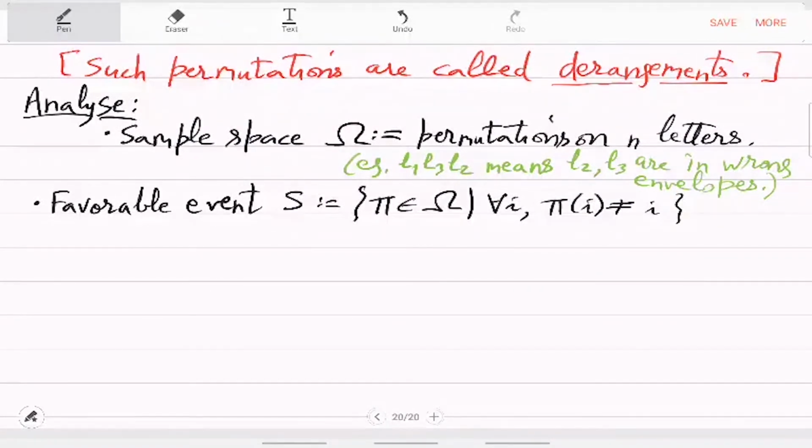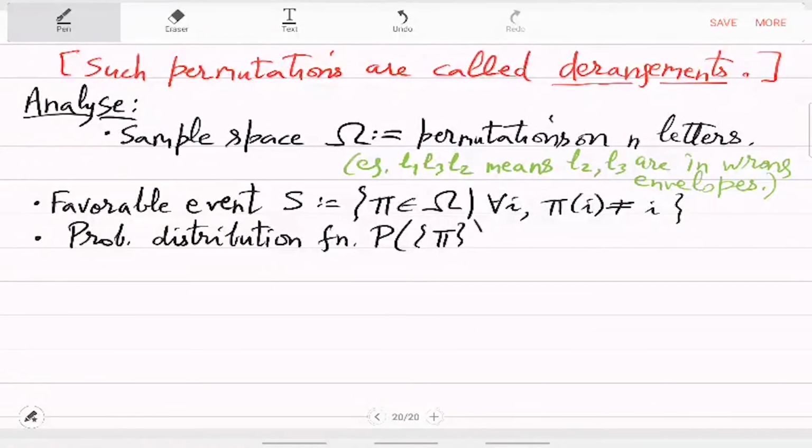Now, let us move to the probability distribution function P on a singleton set. So, for a permutation, what is the value?